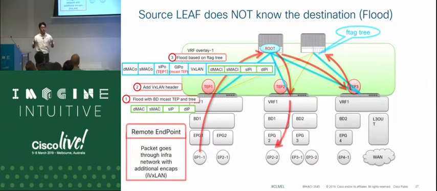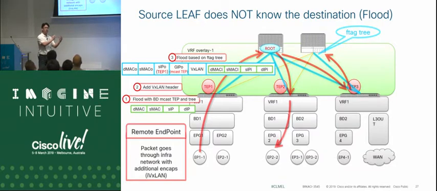So when we first bring up the APIC controller, we need to configure some basic parameters first. And then one of those parameters is the multicast IP range. When I first brought up the APIC, I had no idea what the multicast IP range is for. But that IP range is actually for this one. So APIC will automatically pick one multicast IP from that range and then assign it to each bridge domain.